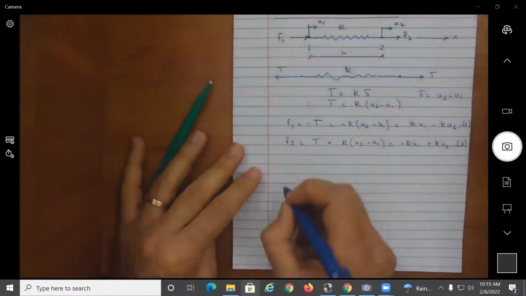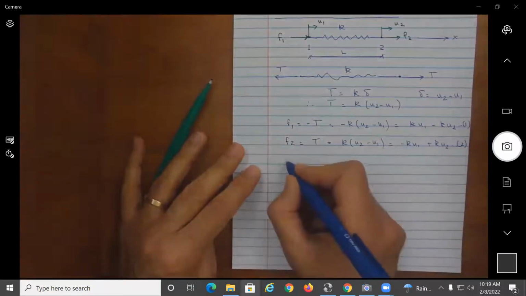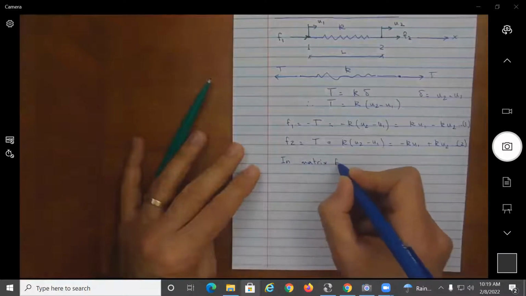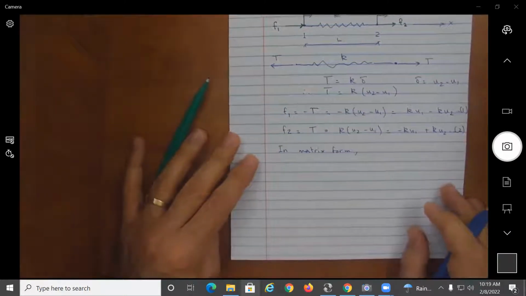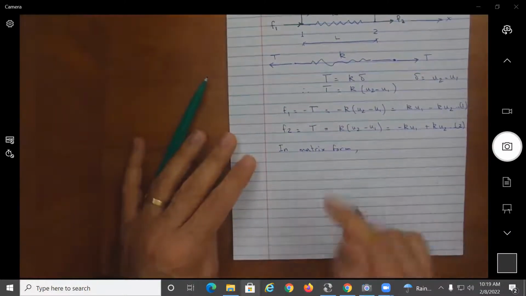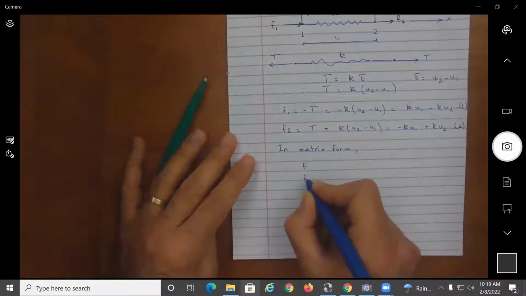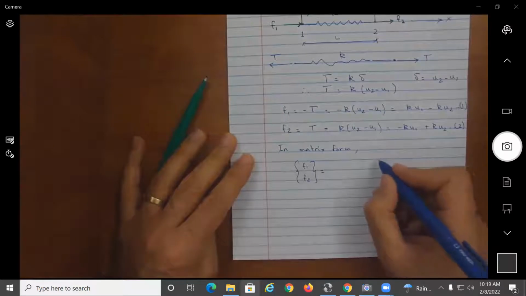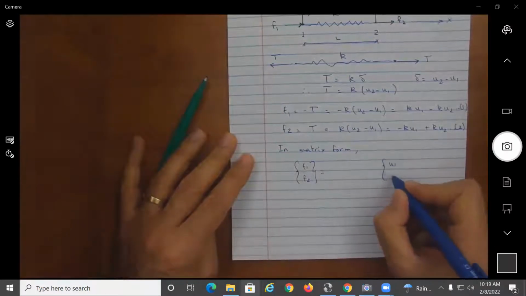If I put these two equations in matrix form, I can write it as F1, F2 equal to a matrix multiplied by U1, U2.